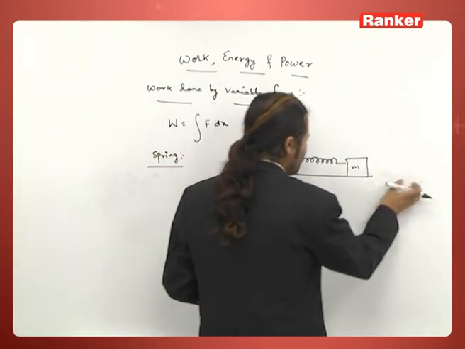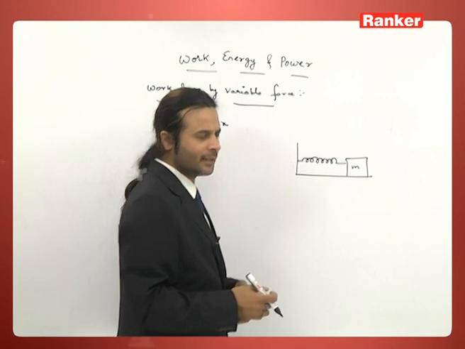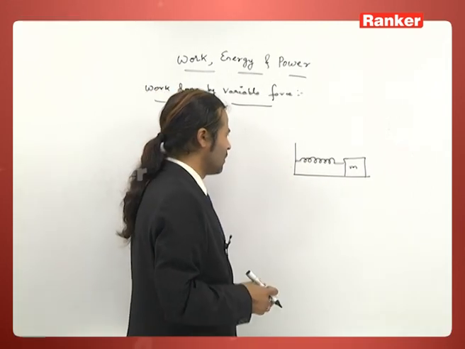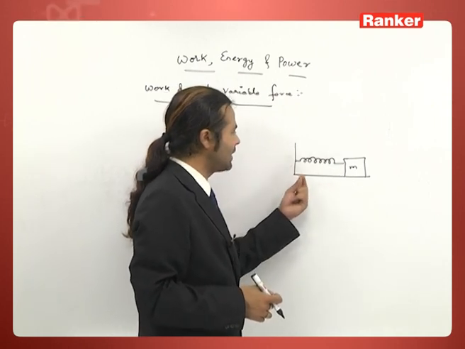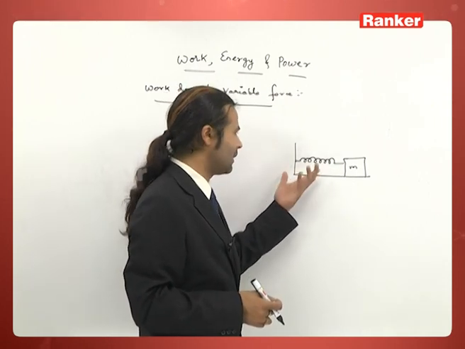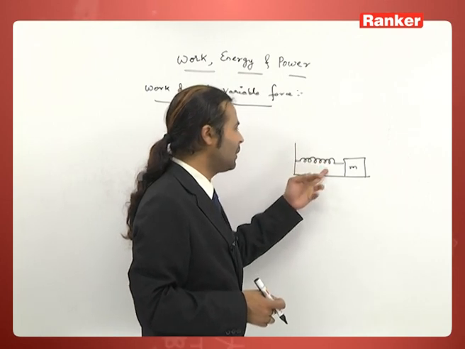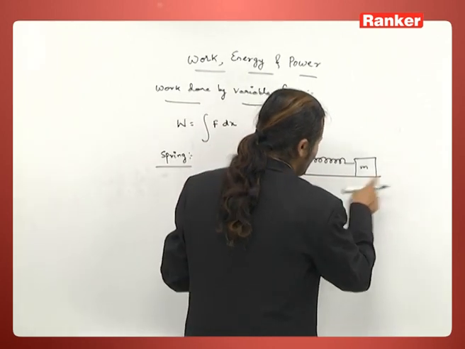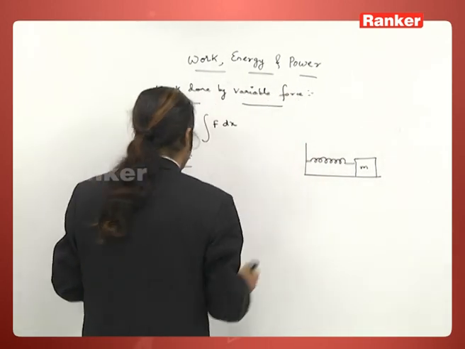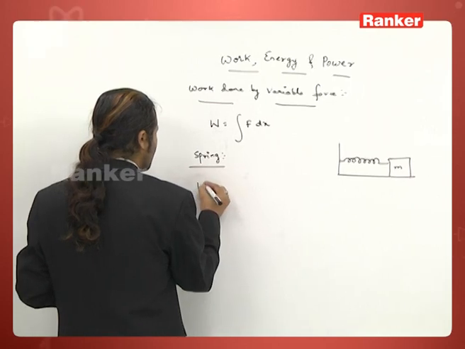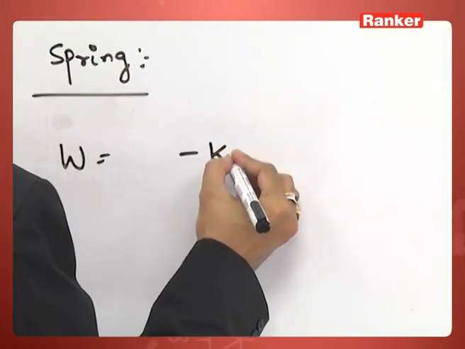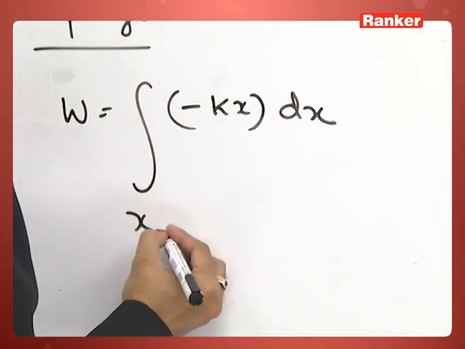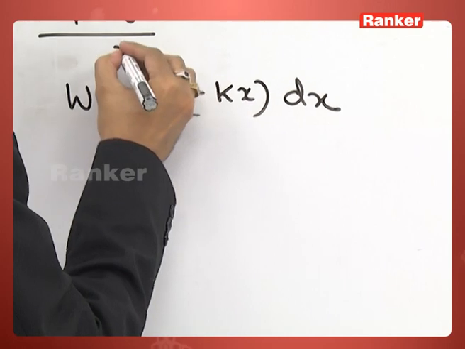Now the block is displaced by a distance x, or I can say from xi to xf. The spring force always changes when the displacement of the spring changes. So the spring force is not a constant force, and the spring force is opposite to the displacement of the block. So work done by spring, F is minus kx, into dx, with limits xi to xf.